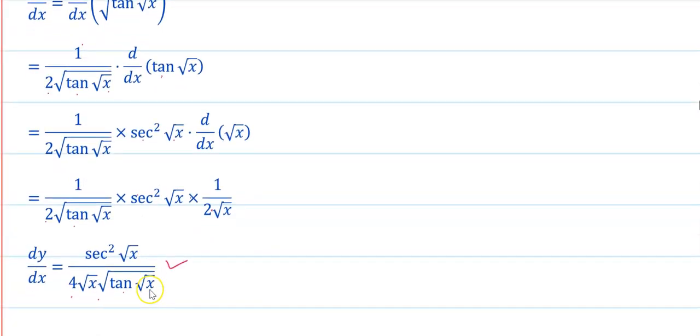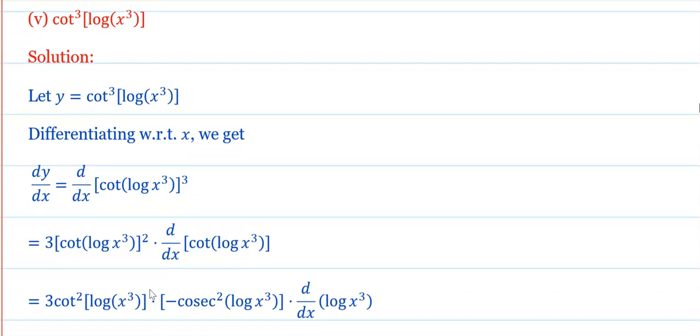Okay, now the next question. Cot cube log of x cube. Here there is a power function. First we will find the derivative of this power function. y is equal to cot cube log of x cube.